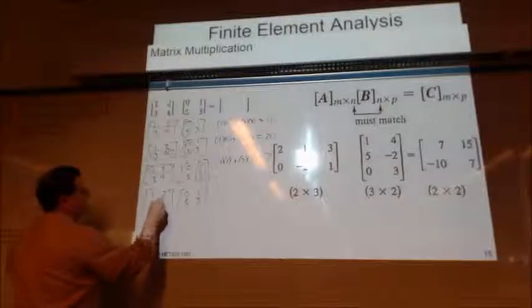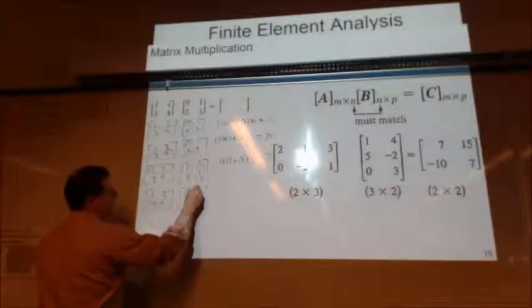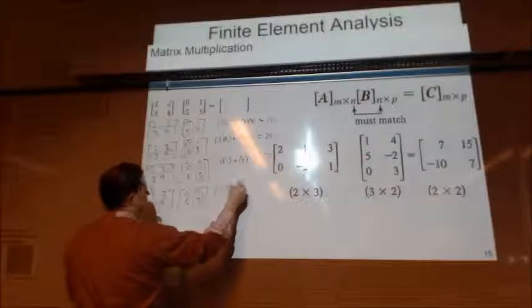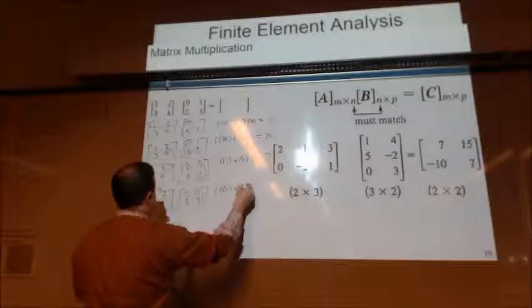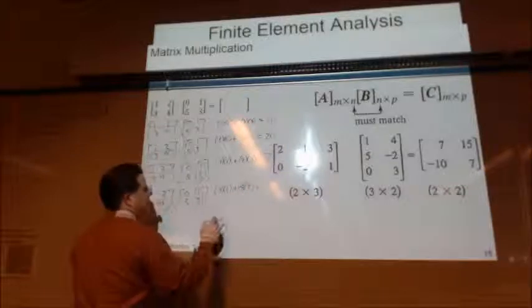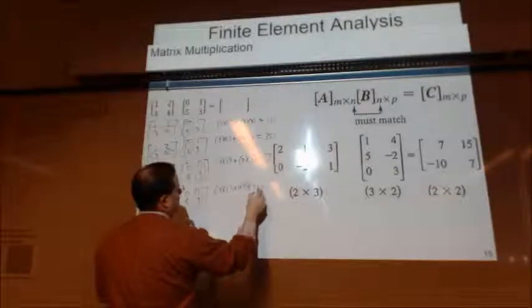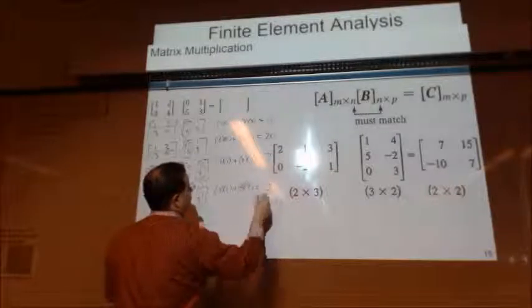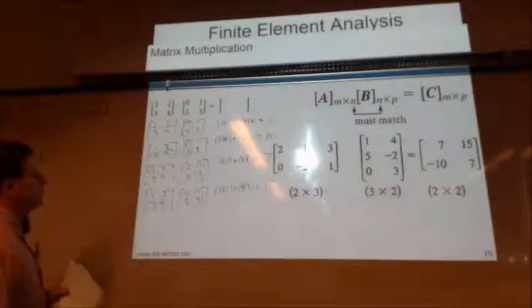So let's see, this row and this column. So 3 times 1 plus 4 times 3. So 3, 12, 15, right? Yeah.